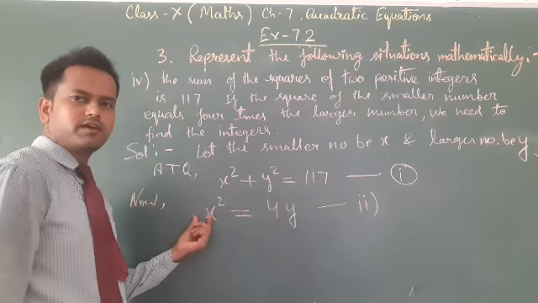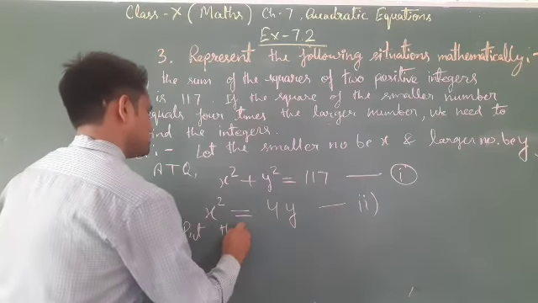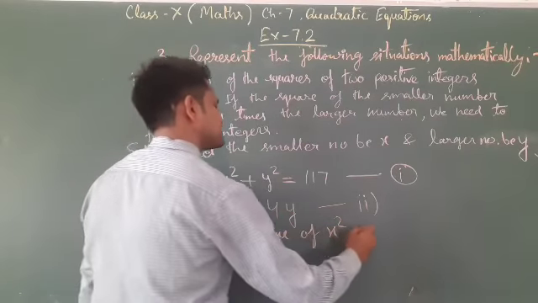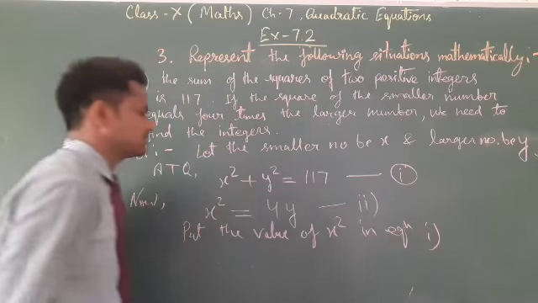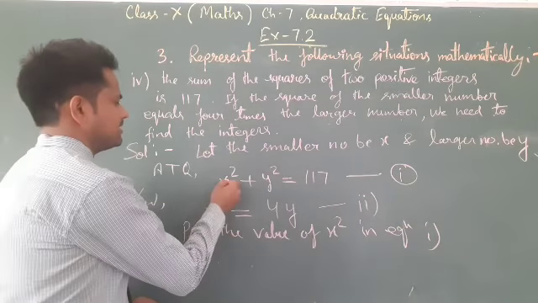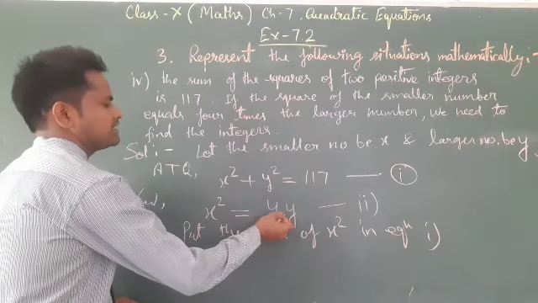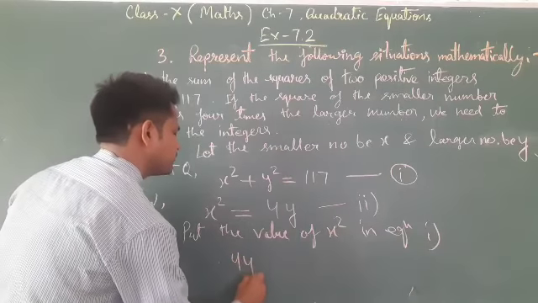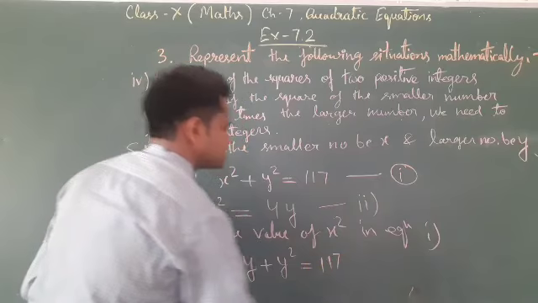Put the value of x square in equation first. The value of x square is equal to 4y, so putting it in equation first, it will become 4y plus y square is equal to 170.